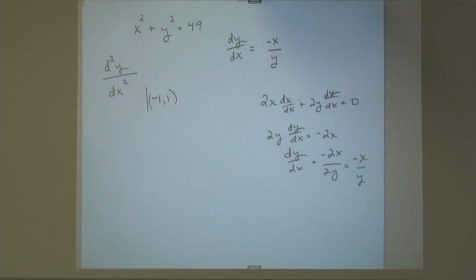So again, if you didn't memorize it, it's not a big deal. It's really easy to get to the first derivative.